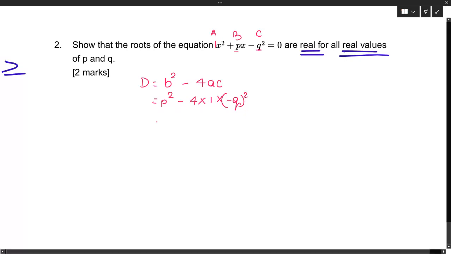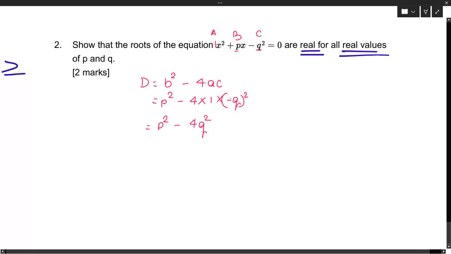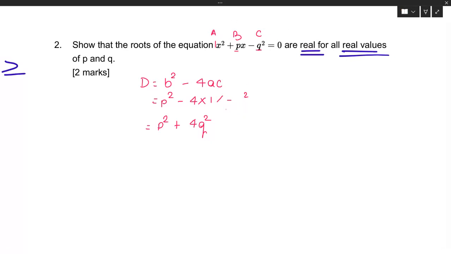So which is giving you p square minus 4q square. No, minus, no. Here it is minus, so minus into minus gives plus 4q square. Clear? It is q square, because this minus does not have the square.